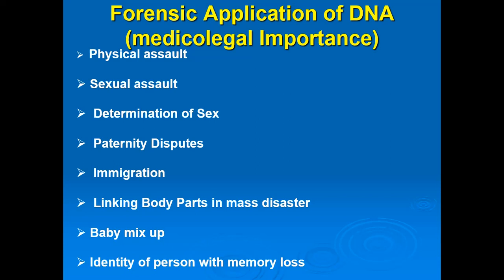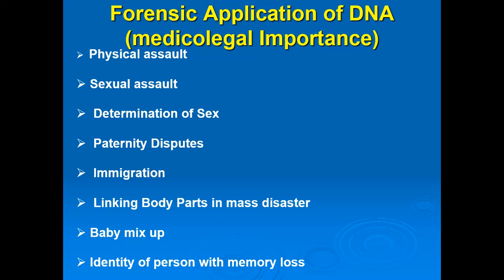Now, in paternity disputes of babies, a woman may get divorced from one husband and marry another, and both fathers claim to be the father of that baby. So how can this dispute be sorted out, or the real father confirmed, by DNA test?